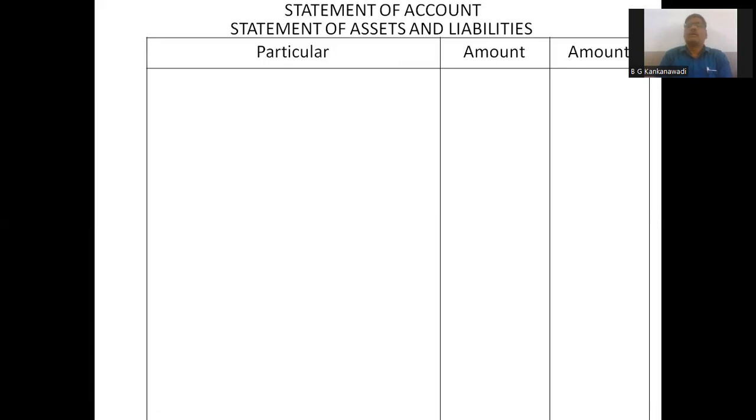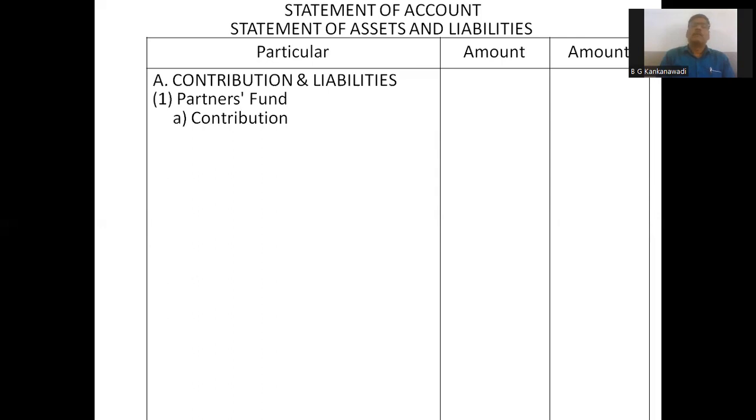For your adjustment, you draw three amount columns. First is contribution and liability. Under contribution and liability, first item is partners' fund. In the partners' fund, contribution of partner, first means Mahavir. Mahavir's capital you take. Mahavir's capital is 15,000.